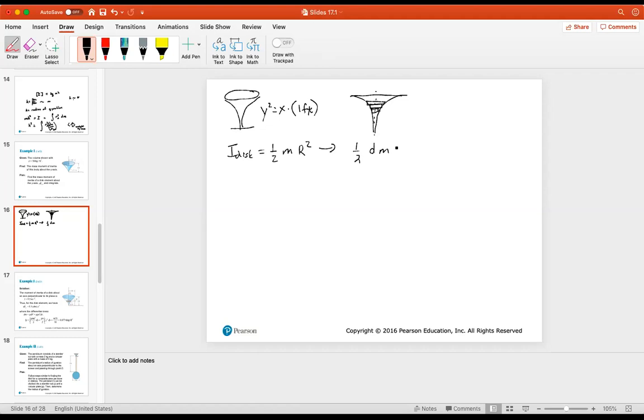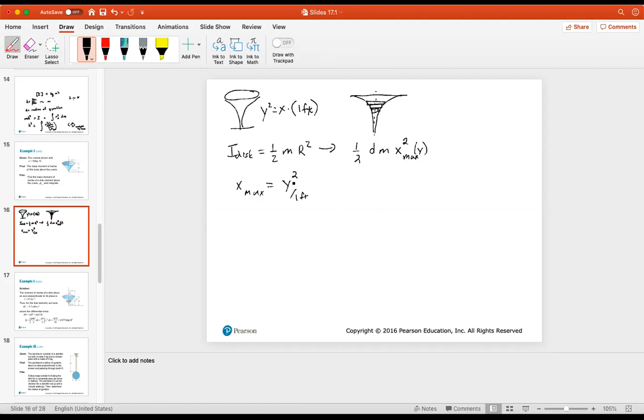And then the radius is x max, which is a function of y. I'm going to have to square that because that sets the radius of each disk. In particular, I know that x max as a function of y equals y squared divided by 1 foot, just to get the units right.